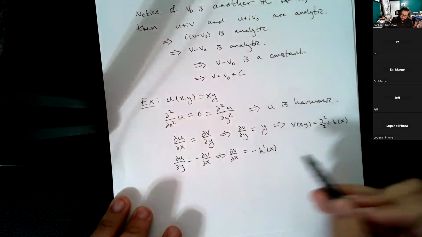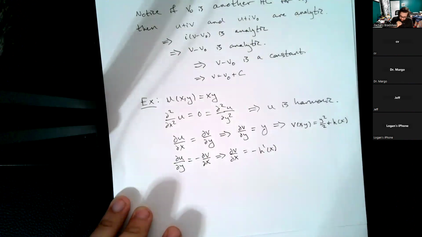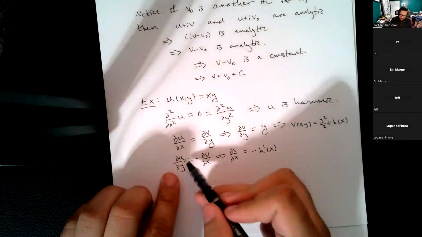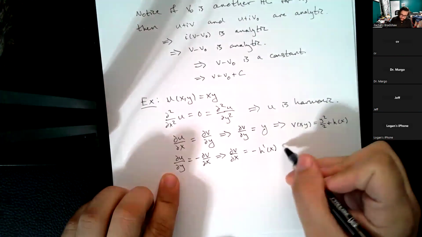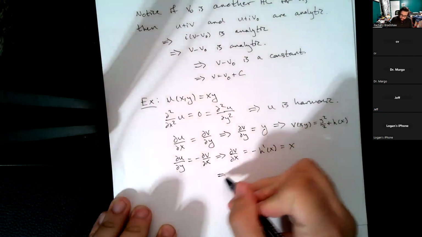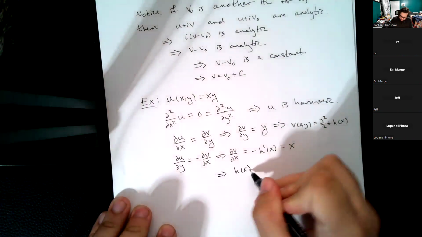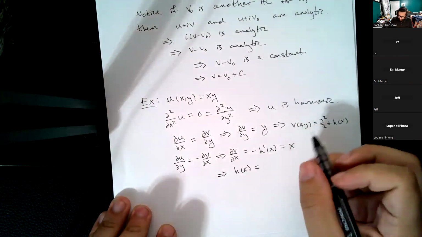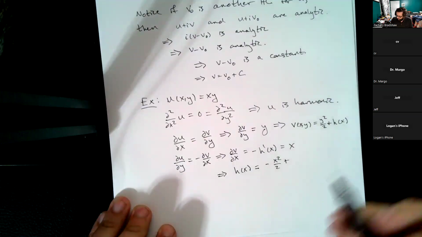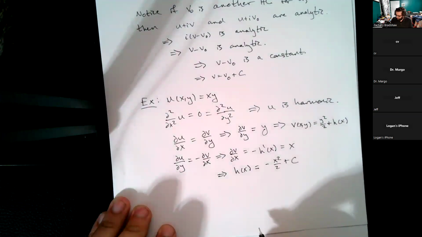And on the other hand, the derivative of u with respect to y is x. And so this must be equal to x. Now I solve for h. So far, this is just a review of some pretty elementary analysis.